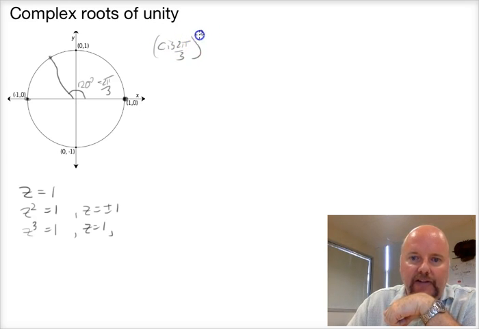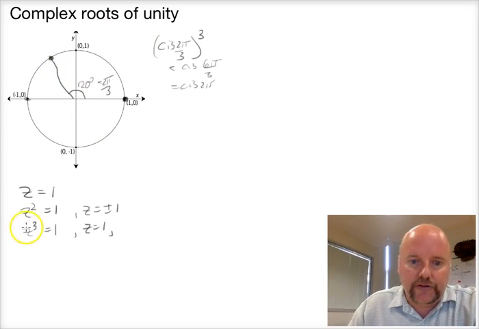Now, if I raise that to the power of 3, remember with the modulus you raise that to the power, but you multiply the argument by that number, so you get cis of 2 pi times 3 on 3, which is cis 2 pi. Now, 2 pi is 1 rotation, so it comes back to here. So that complex number here is actually a solution to that as well.